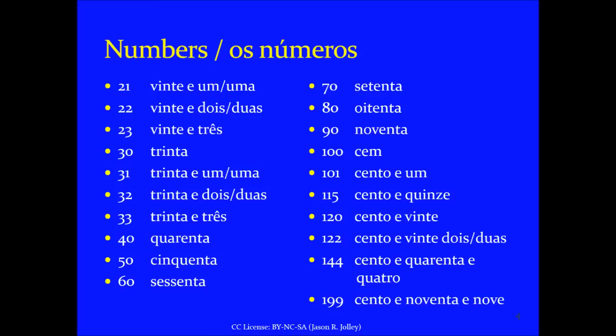So if I want to say 21, I take the word for 20 and just add e and 1. 21, 22. Remember, there are feminine forms for numbers 1 and 2. 23 and so on. 24, 25, etc. 30 is trinta, so I would do the same thing.